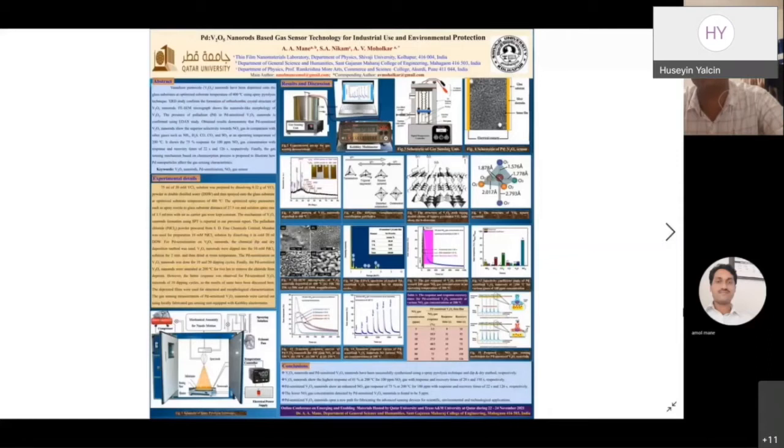In the results and discussion part, the X-ray diffraction analysis shows the formation of an orthorhombic crystal structure of V2O5 nanorods. The field emission scanning electron microscopy micrograph shows the formation of nanorod-like morphology, which provides a high surface area to volume ratio for gas adsorption.